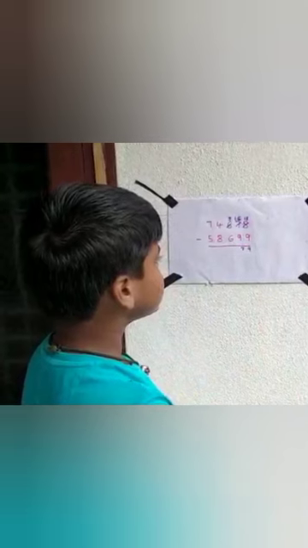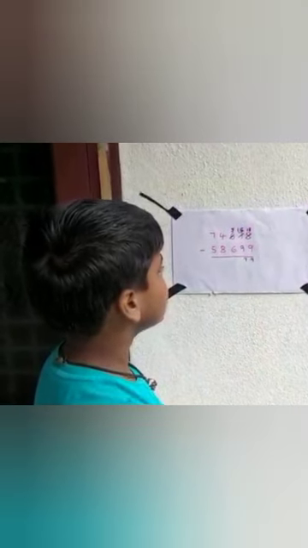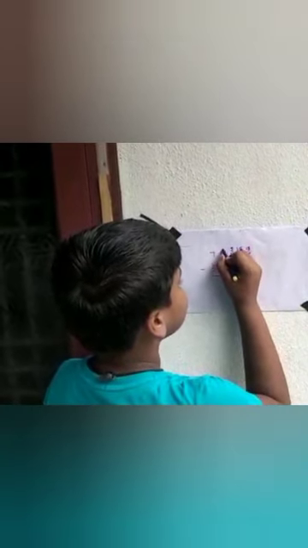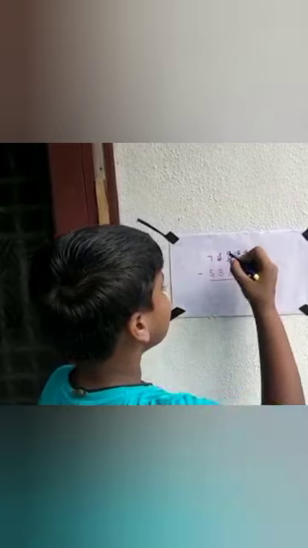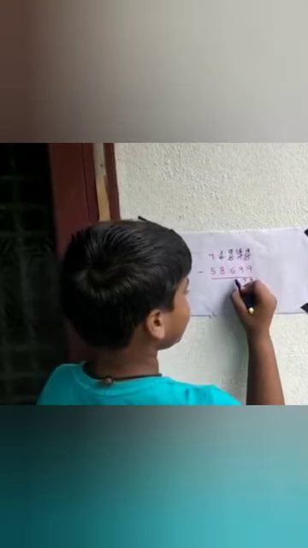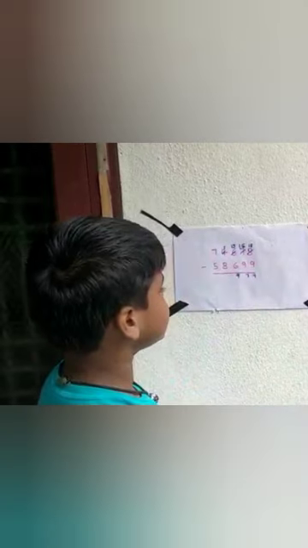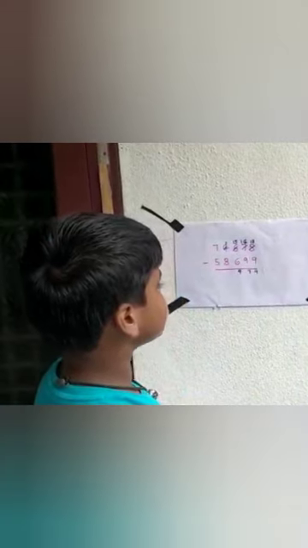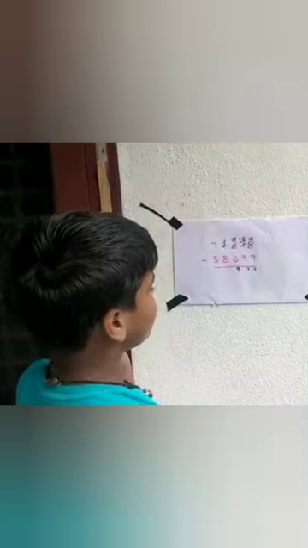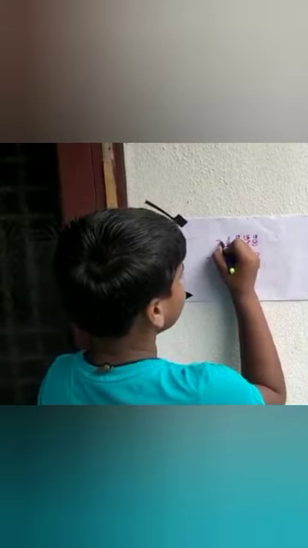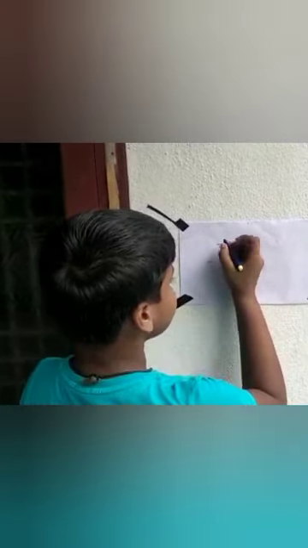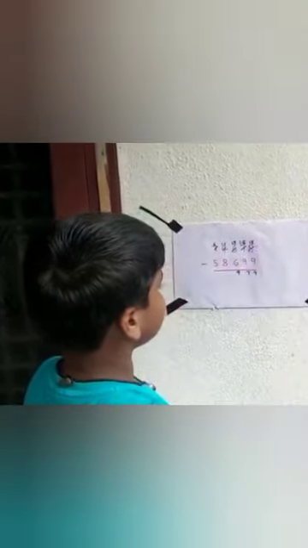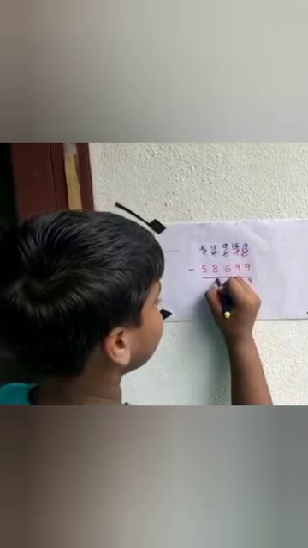We cannot subtract 5 minus 6, so we should borrow 1 from 4. 4 will become 3 and 5 will become 15. 15 minus 6 is 9. 3 minus 8, we cannot subtract, so we should borrow 1 from 7. 7 will become 6 and 3 will become 13. 13 minus 8 is 5.